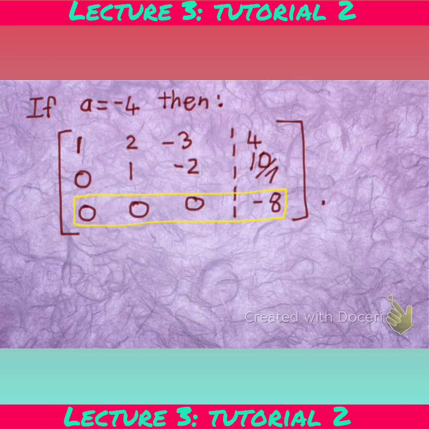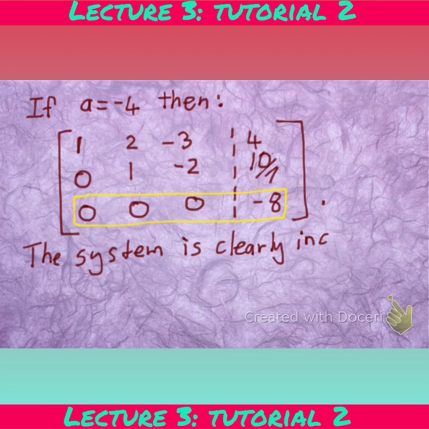So just to complete that, the system is clearly inconsistent. Right, so that is if a is minus 4.